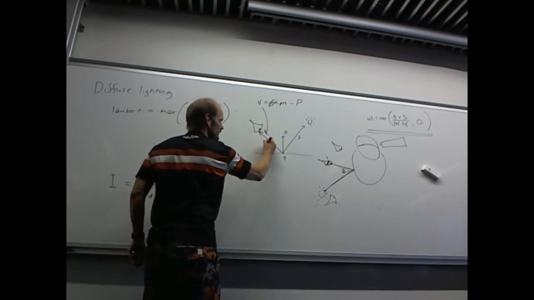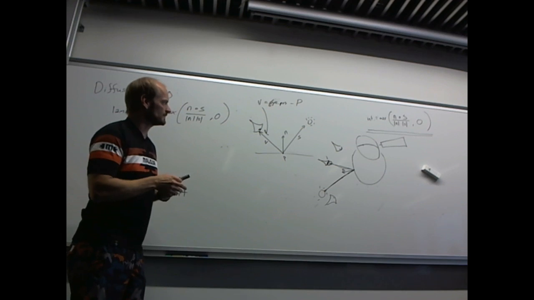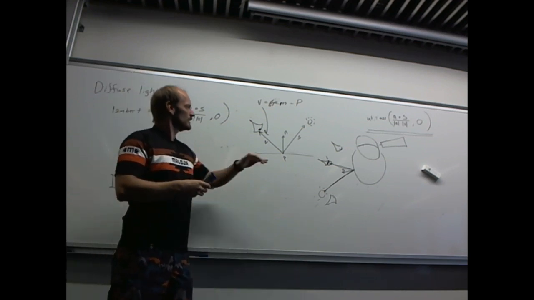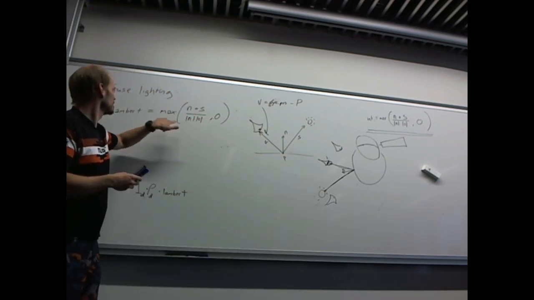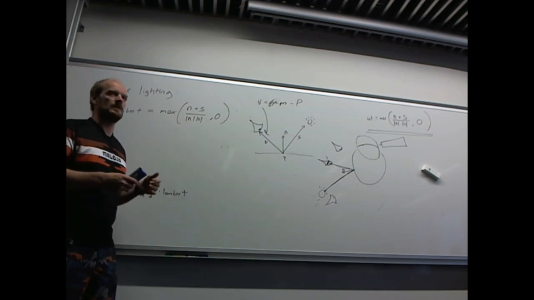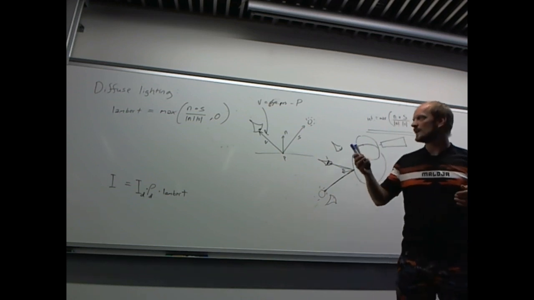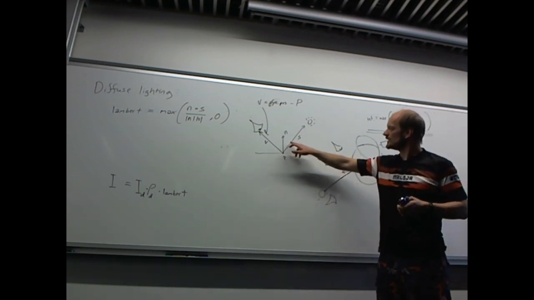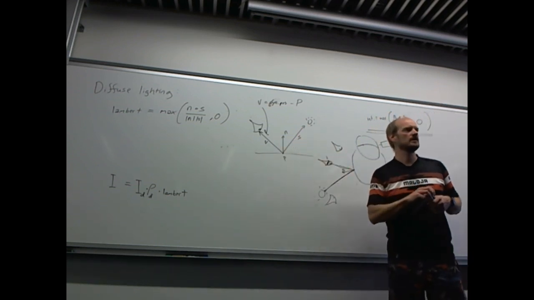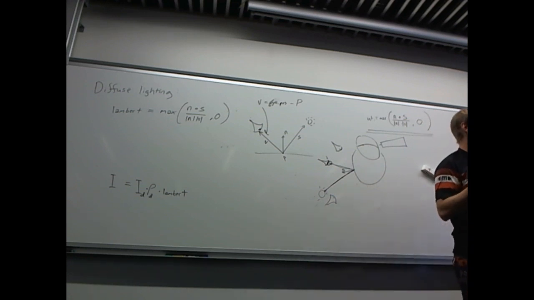I'm going to call that the vector V. Now how can we make up a similar factor to the Lambert factor using these vectors here? Like, what am I looking for?